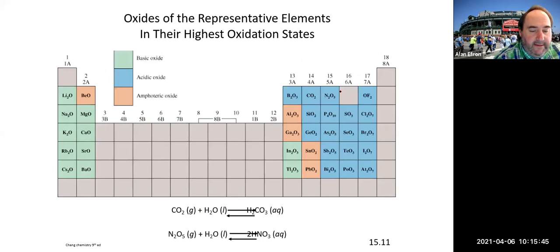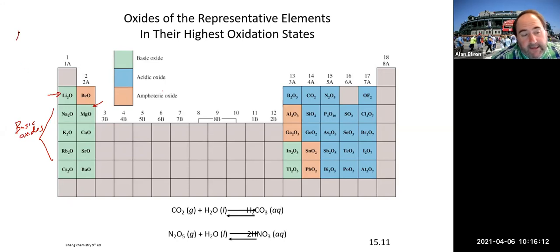Okay, then let us talk a little bit here about oxides: acidic oxides, basic oxides, and amphoteric oxides. So first off, as we talked about previously, our group 1 here and our group 2 here, this is where we have a lot of our basic oxides.